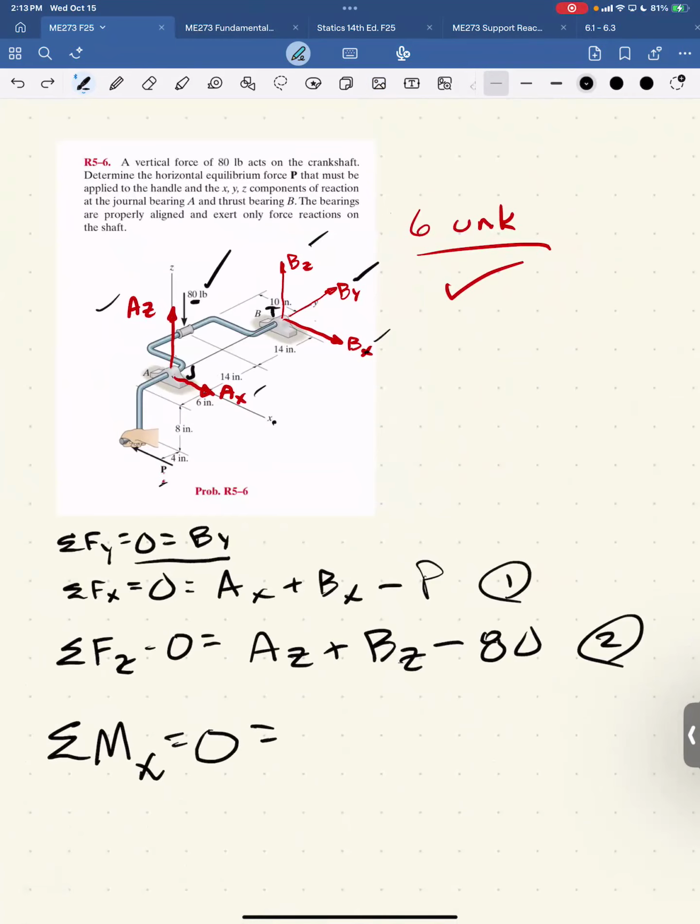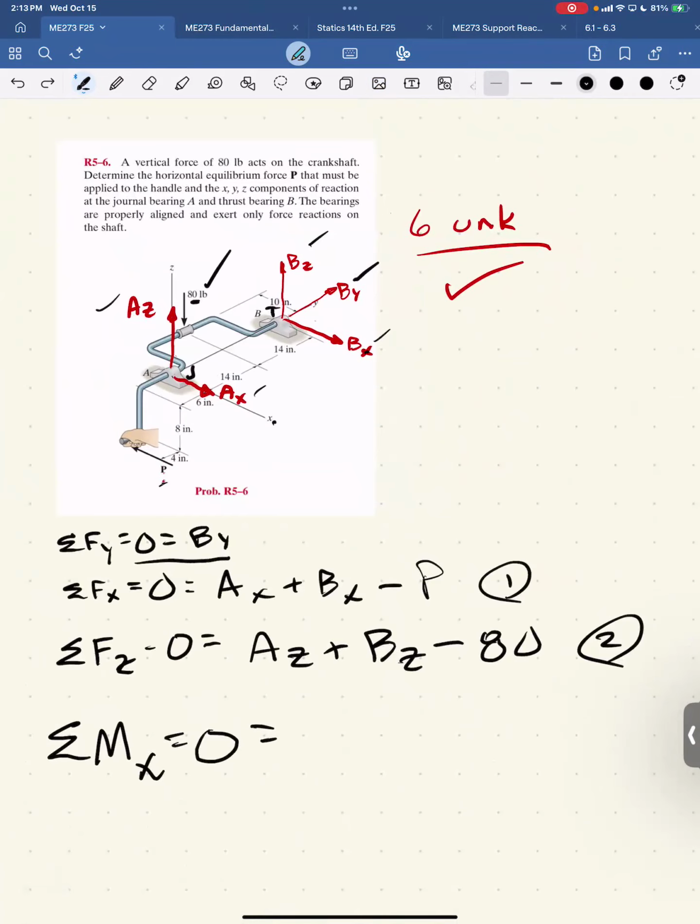Sum of the moments about this axis here. So Bz does have a moment about that axis. You put your eye right here and look back, and Bz is over here. It wants to go counterclockwise, and it is 14 plus 14, or 28 inches away, so it's Bz times 28. And then there's the moment due to the 80-pound force, right?